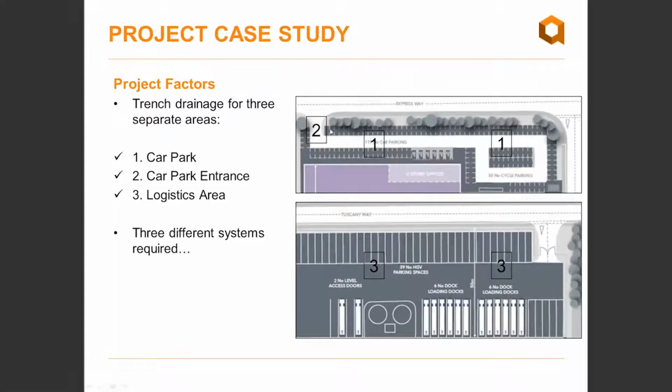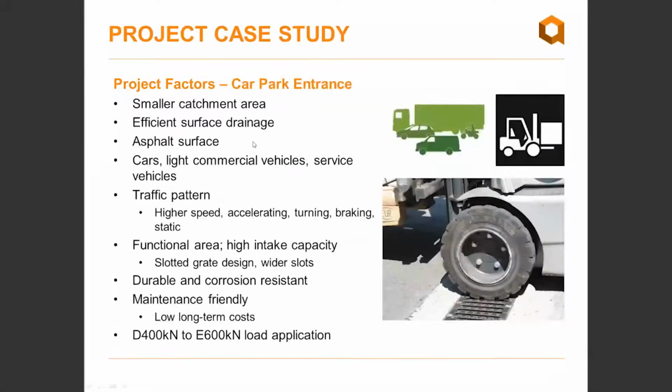The second area was the entranceway area, point 2 here. And this was a small catchment area. Obviously efficient surface drainage was required. There was an asphalt surface. The traffic was cars, light commercial vehicles and service vehicles again, but the traffic pattern was slightly different, with higher speed, accelerating off, maybe with a wheel sat on the grate, turning on the grate, braking on the grate, and static loads.